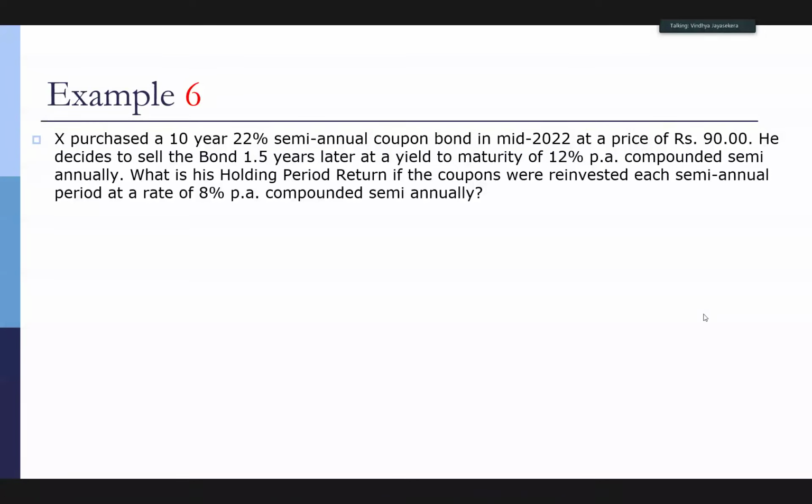You purchased it at 90, so your sales price has to be higher because interest rates have come down. $28 doesn't seem to be correct.